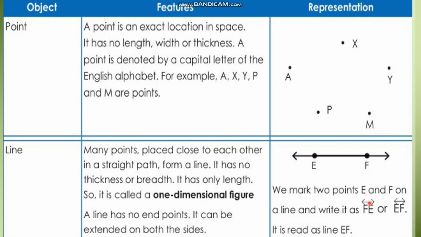But above that you have to put this symbol, with a two-side arrow, the symbol you have to put to show the line. Got it, children? We can read it as line FE or line EF. Okay, now we are moving to the next.